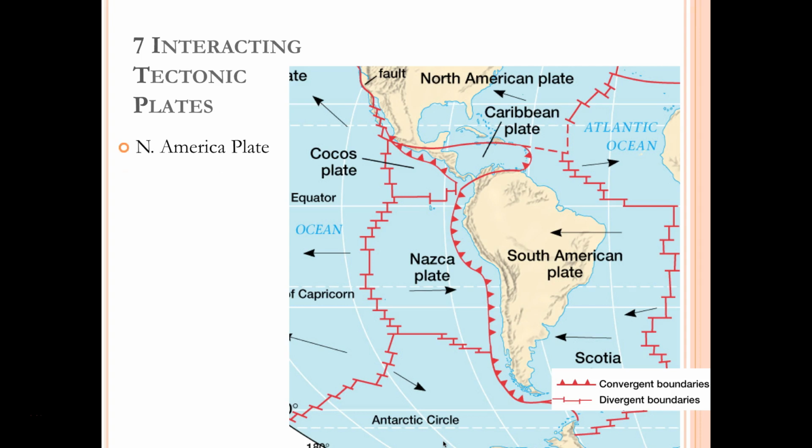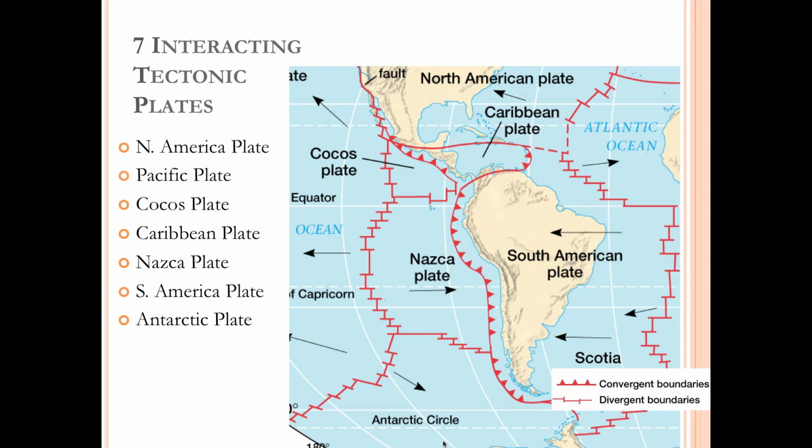Now, as you can see here, Latin America is complex in how much is going on as far as plate tectonics. There are 7 interacting plates moving in different directions and shaping different plate boundaries.